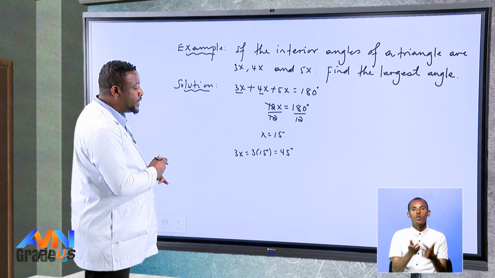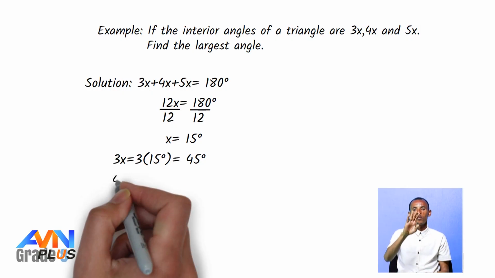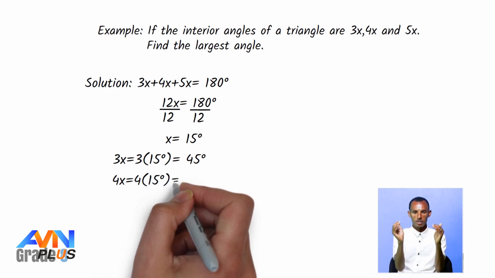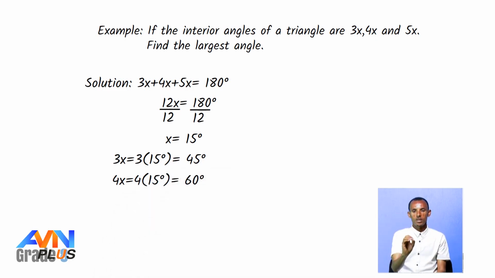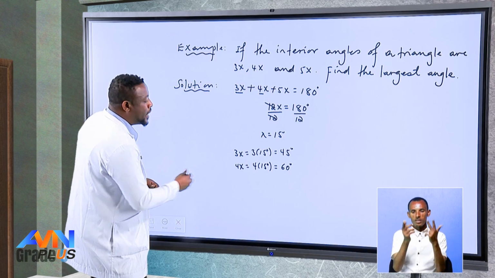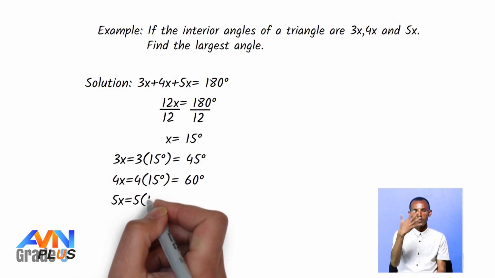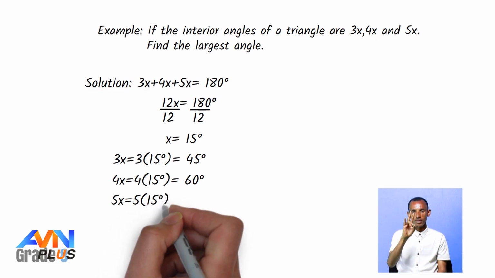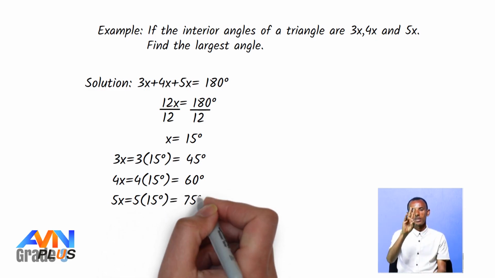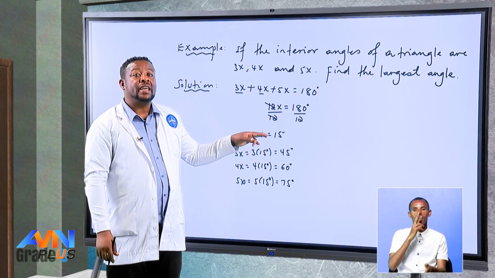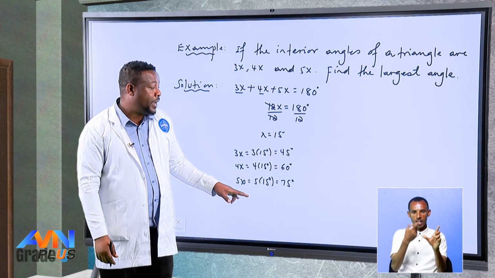The other one is 4x, which means 4 times 15 degrees, which is 60. And the third angle is 5x, which is 5 times 15, which means 75 degrees, right? So these are the interior angles.